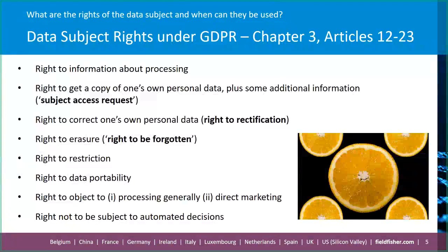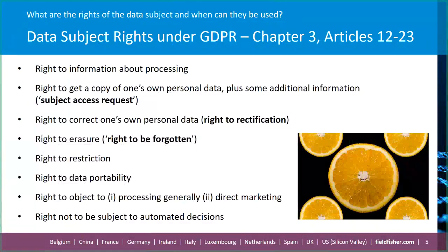Some of these rights existed under the old law and remain under the GDPR. Others have been expanded, and there are some brand new ones. We've put on the slide now the list of the rights. I'll just go through them briefly. So you as a data subject have the following: a right to information about the processing, a right to get a copy of your own personal data, plus some additional information. That's commonly called a subject access request.